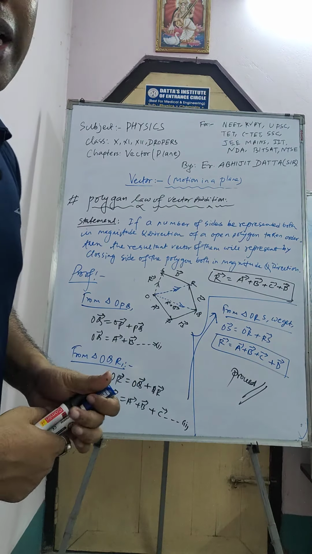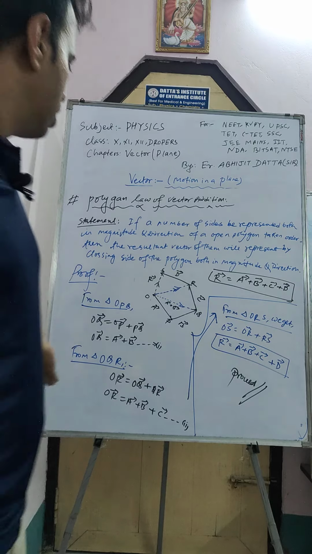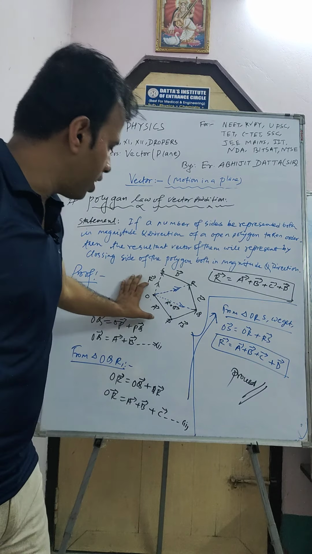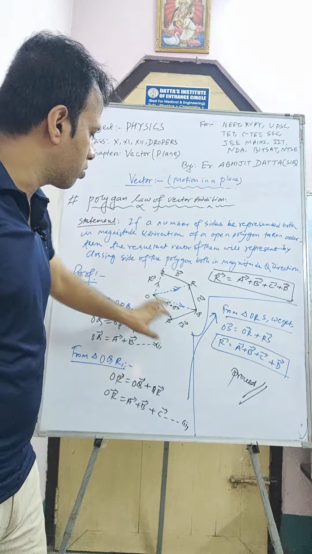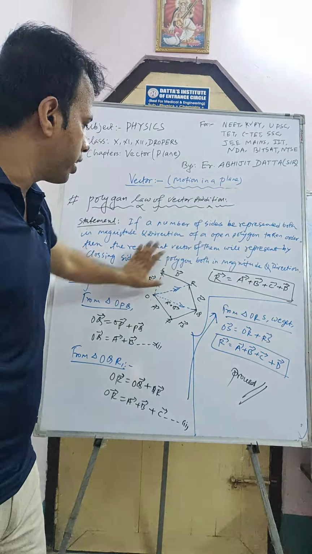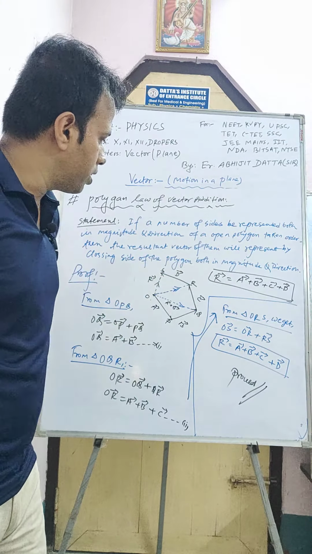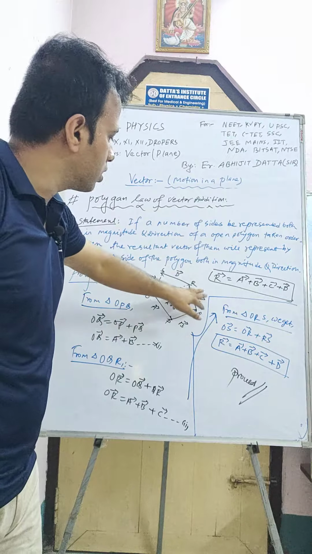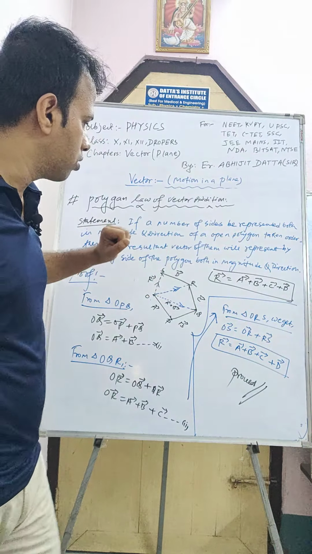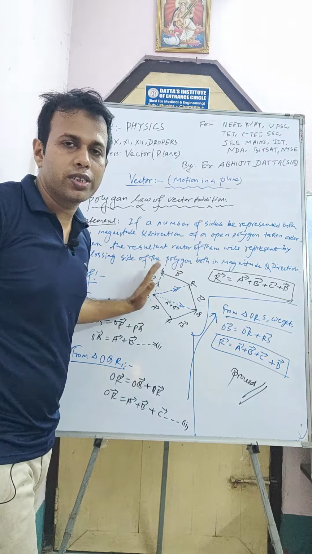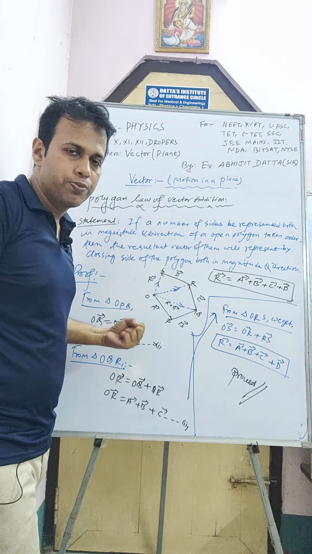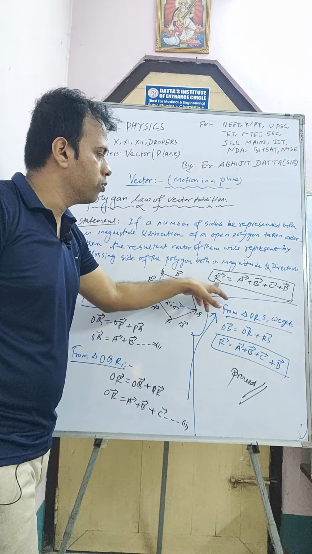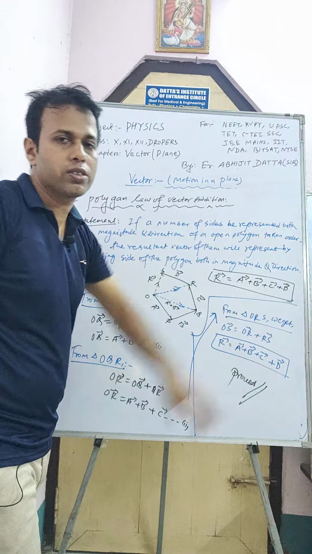Okay, so let me explain again quickly. Suppose this is a polygon. I draw OP, PQ, QR and RS here, and I represent the four sides as A, B, C and D both in magnitude and direction. The closing side will represent the resultant of the forces. So we have to prove R vector equal to A vector plus B vector plus C vector plus D vector, right?